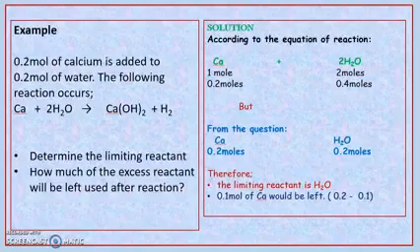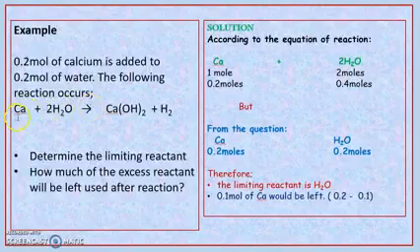Let's see how this is used in a real chemical reaction. Example: 0.2 mole of calcium is added to 0.2 mole of water. The following reaction occurs: calcium plus water will give you calcium hydroxide and hydrogen gas.